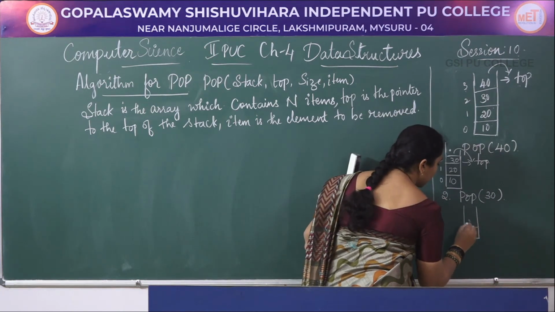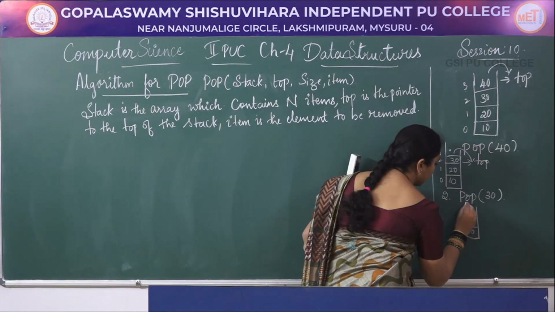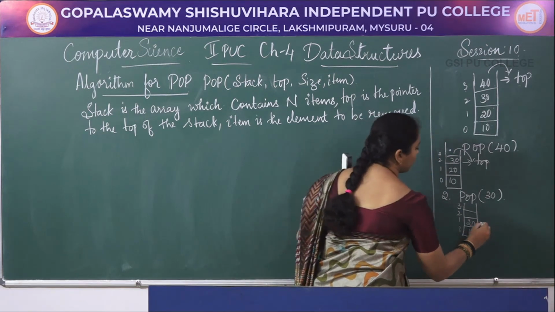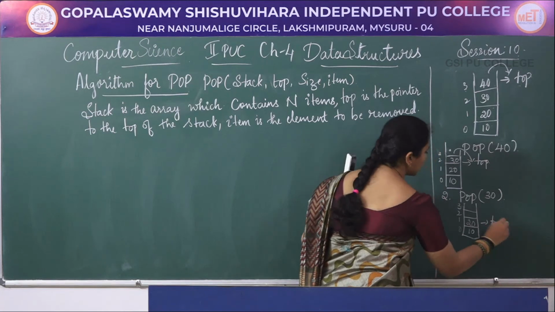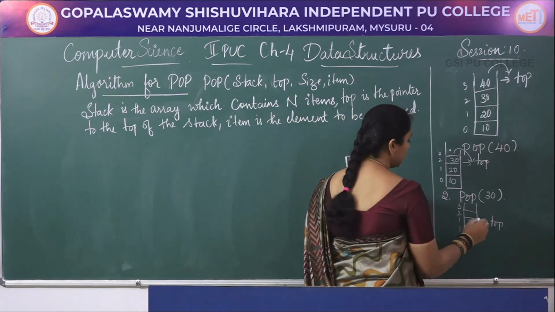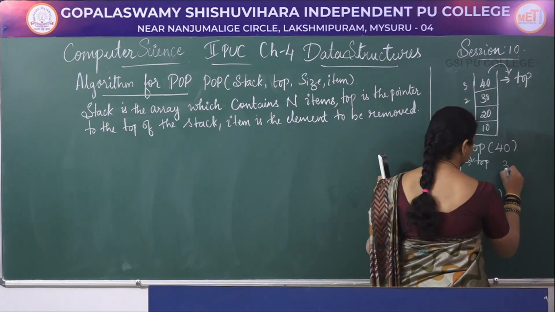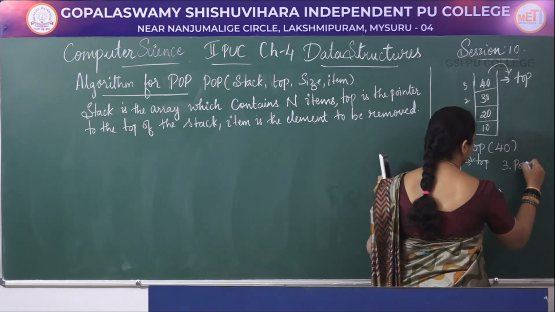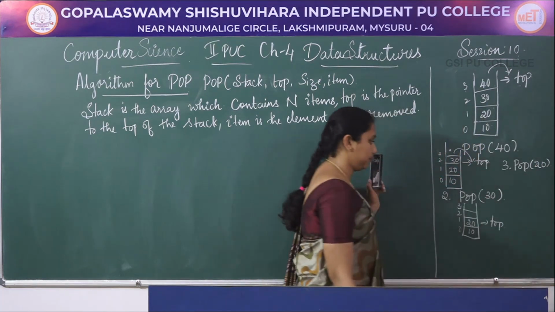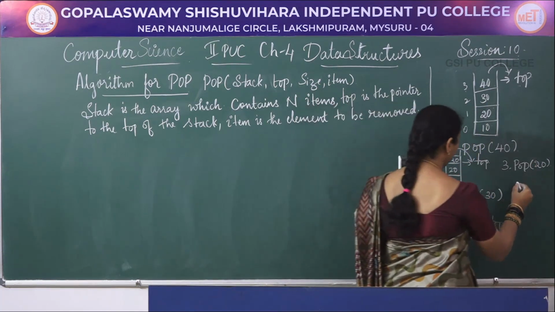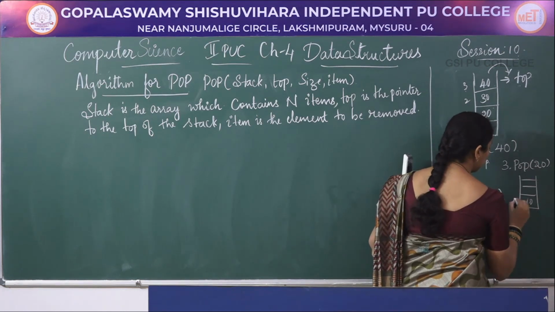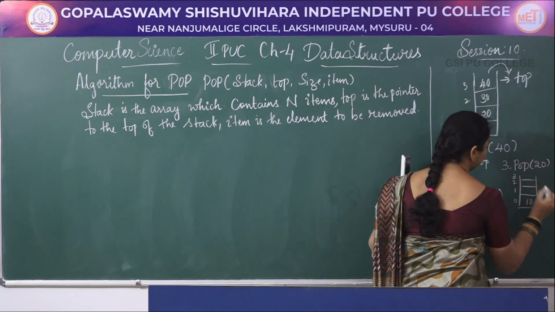So now the stack contains 10 and 20. So the top of the stack is now 1. So again we are removing an item called 20 from the stack. So now the stack contains only an item 10.